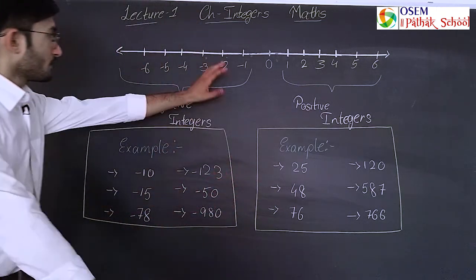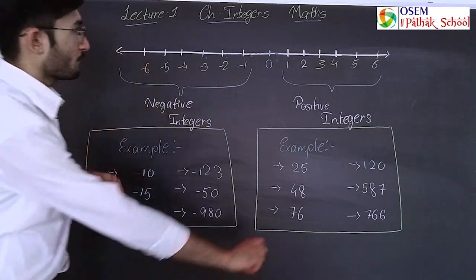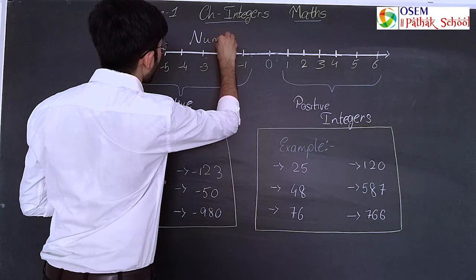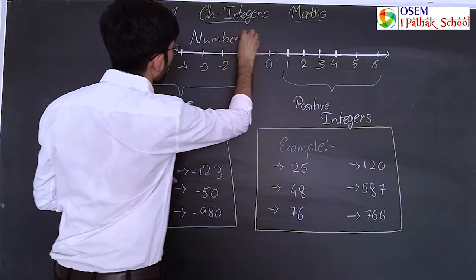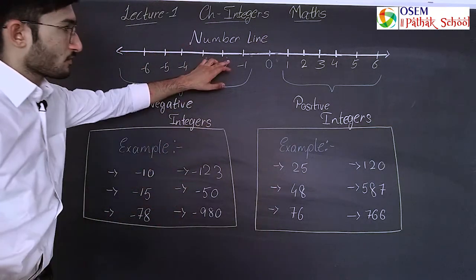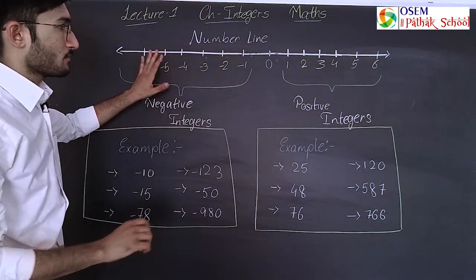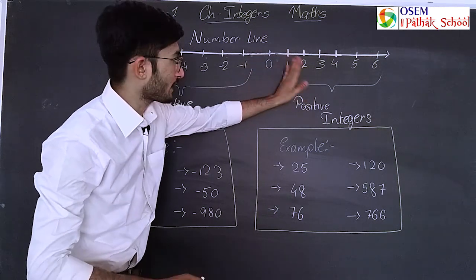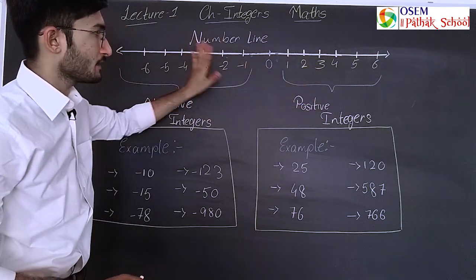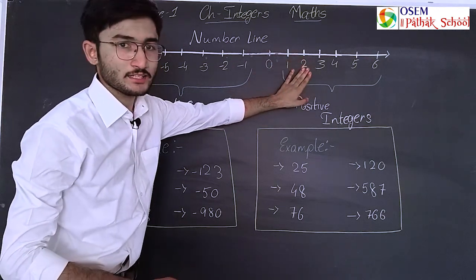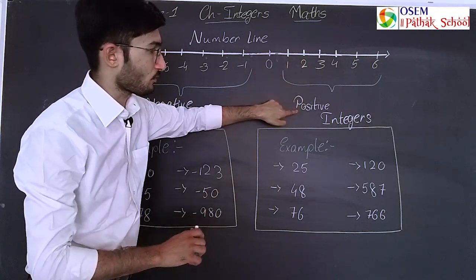Here, as you can see, this is a number line. The line on which we represent the numbers, starting from 0, with the positive numbers on the right side and the negative numbers on the left side. The numbers which lie on the right side of the 0 are known as positive integers.